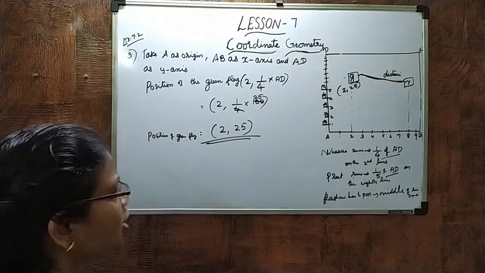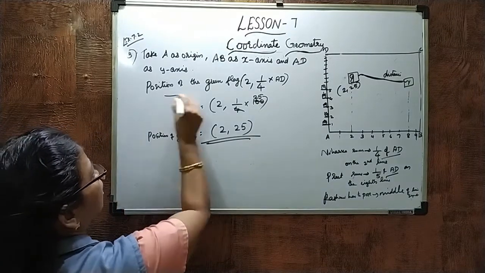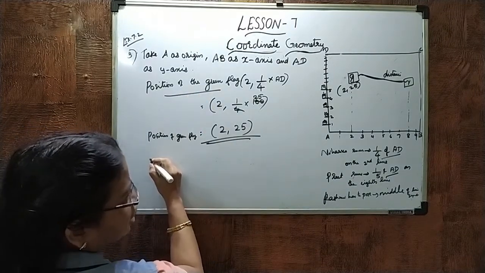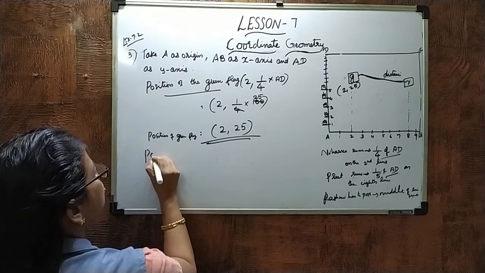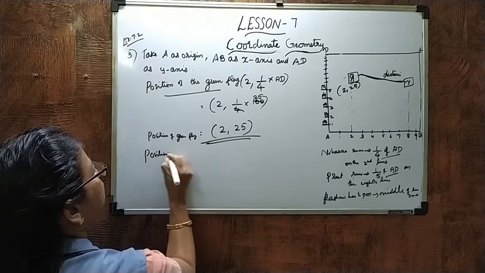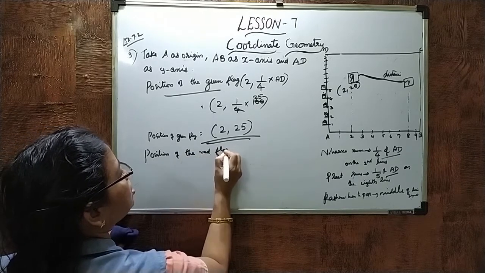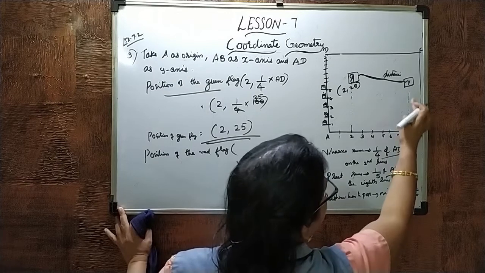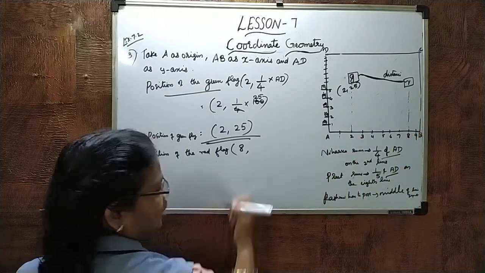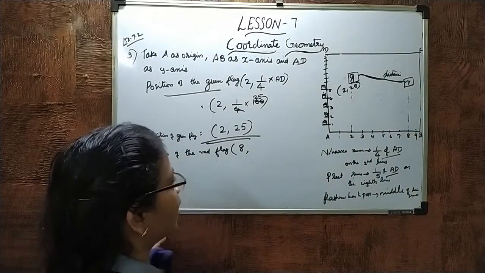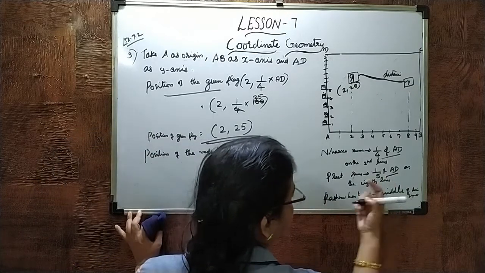Next one, same thing you have to find out: the position of the red flag. First write the x-coordinate. It is on the 8th line, that means 8. And then 1/5th of AD.